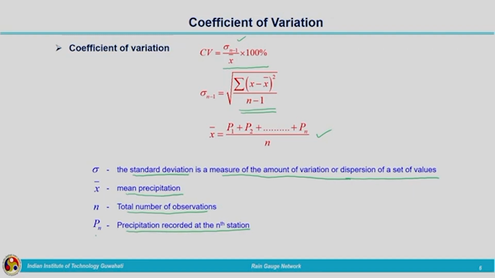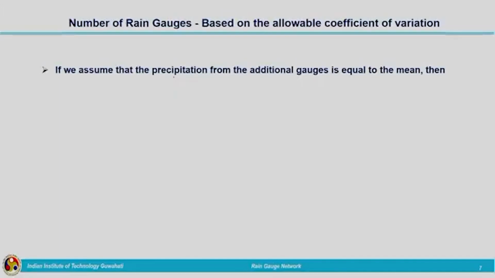And how can we understand that extra rain gauges are required? That is, we need to have an expression for calculating the number of rain gauges. So, how can we get the extra number of rain gauges? In that case, we are assuming that the precipitation from the additional gauges is equal to the mean.